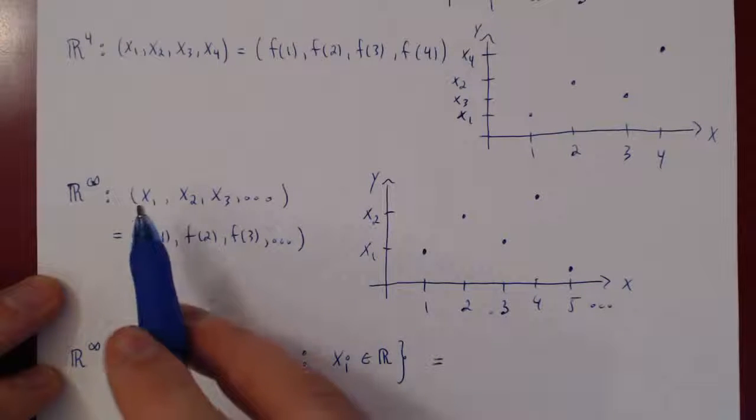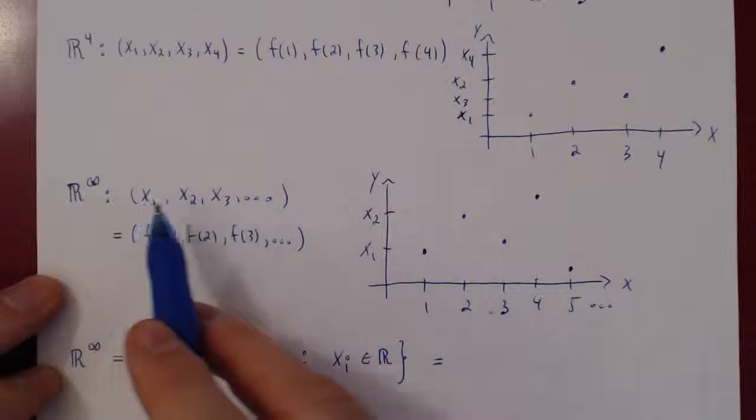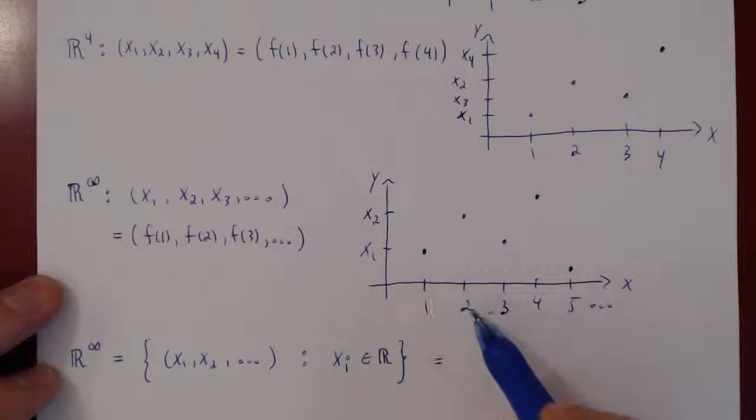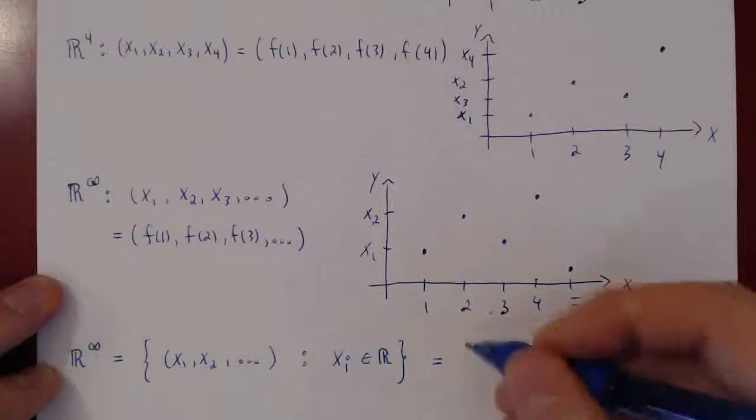but now we have just looked at a different way of thinking about a vector with an infinite number of components. It is the same as a function defined on all positive integers.